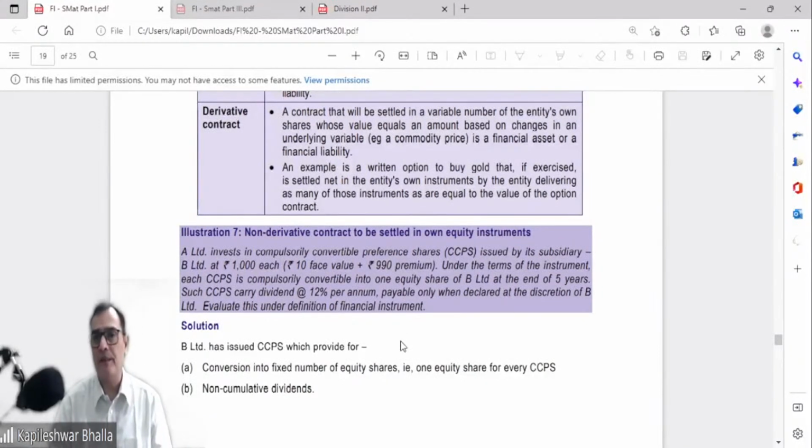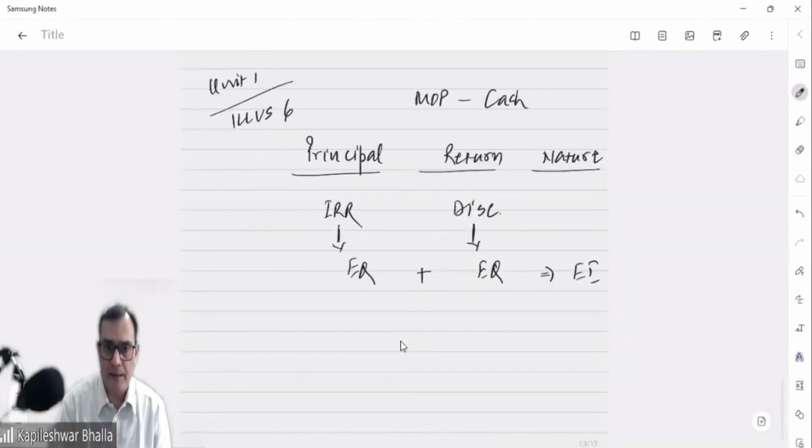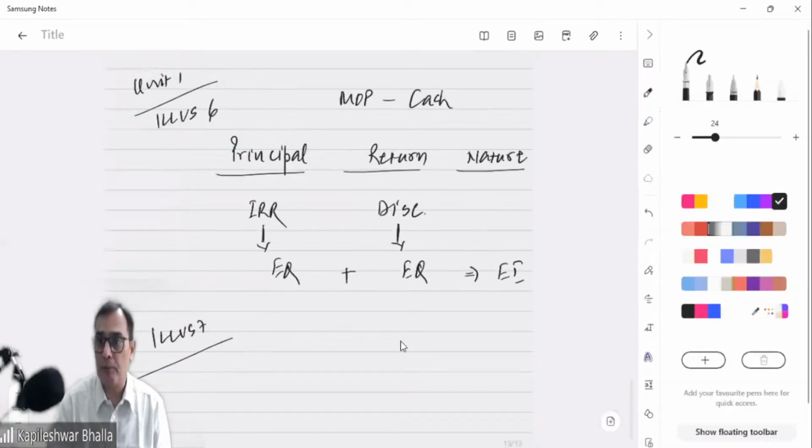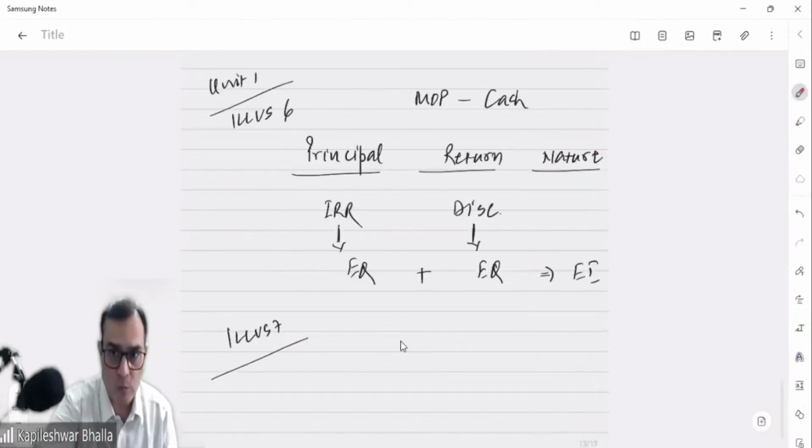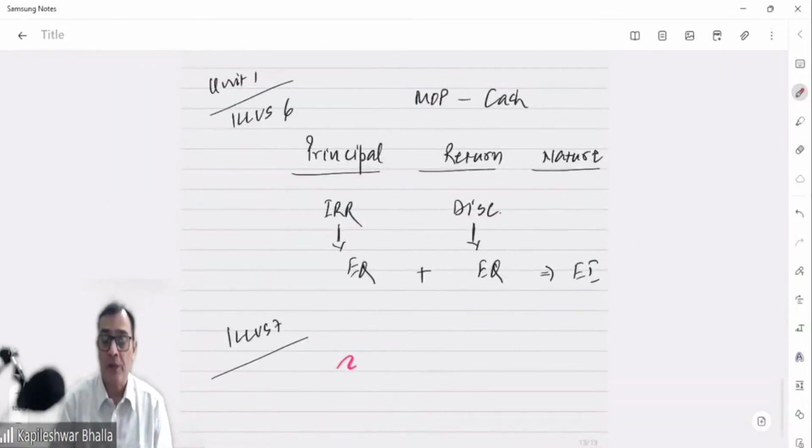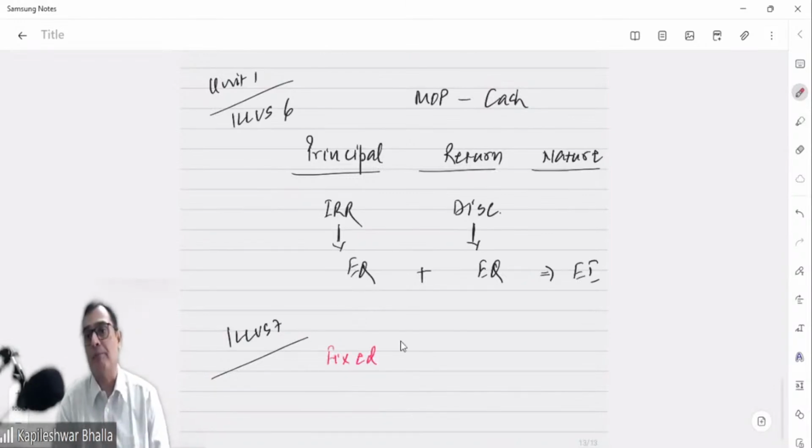You need to evaluate the definition of financial instrument. I think you know that. Let me still take you through and do my input. So let's look at illustration number 7. Here again, we're looking at both the components of the instrument. Let's see what inputs are given. As far as the principal element is concerned, this is going to be by way of conversion into a fixed number.